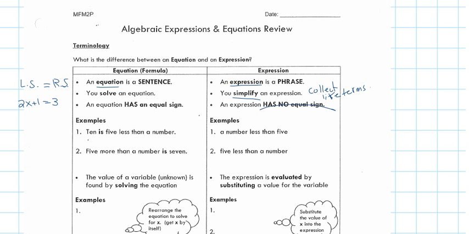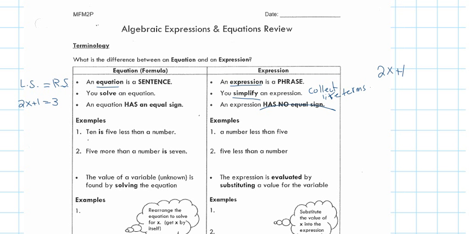So if I have 2x plus 1, that's an expression. You don't have that equal sign. So these are the two different terminologies that you're going to hear me say, expression and equation, and you need to understand the difference between the two.